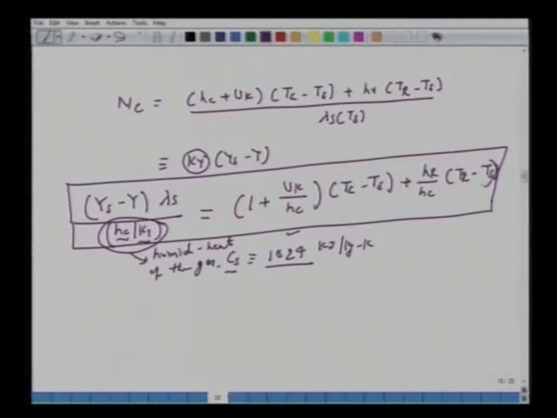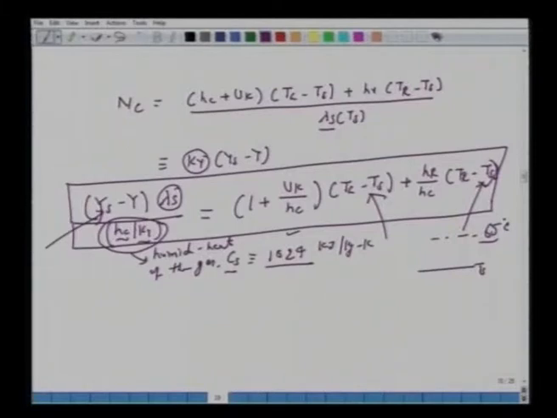This TS and YS. Lambda S also is a function of TS. That means one has to make an estimate. What is the best estimate for TS, for which we can calculate lambda S to begin with. Then we can always come back and iterate. All right, so the solid temperature here is not known to us, but the air temperature is 65 degrees centigrade, not a very large temperature.